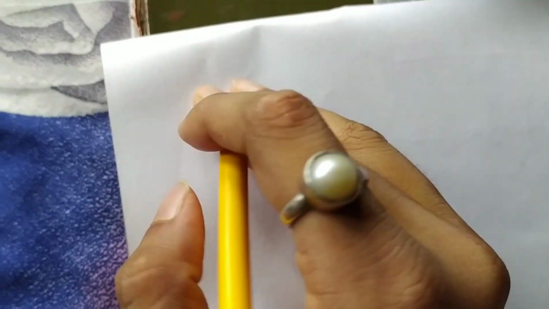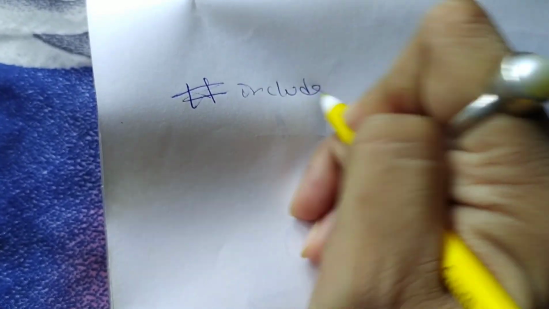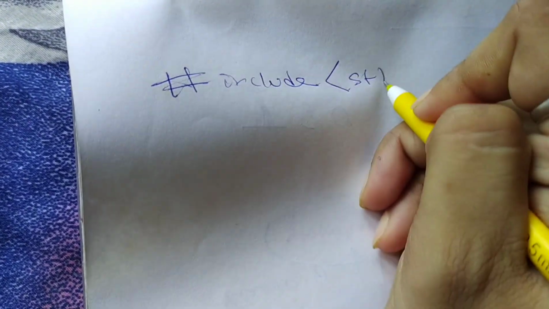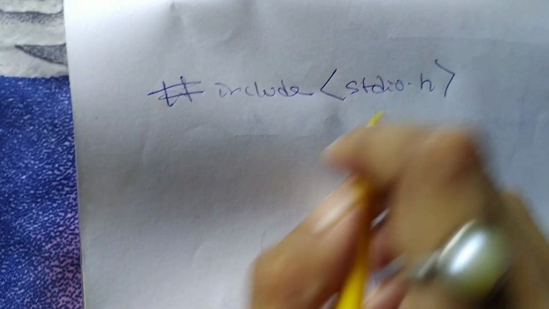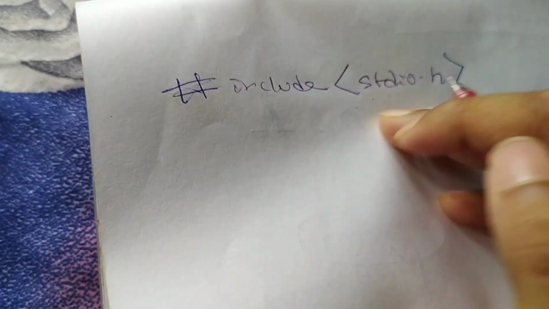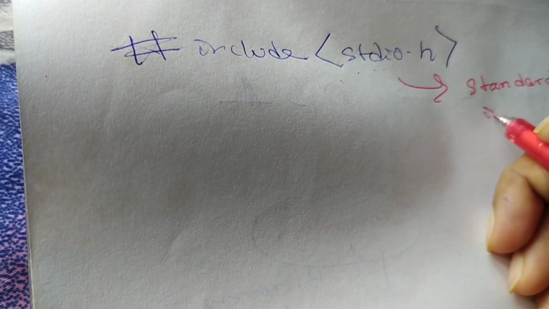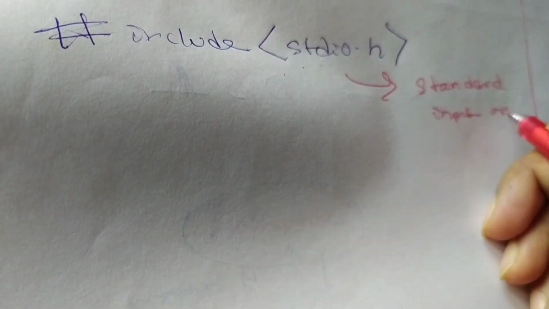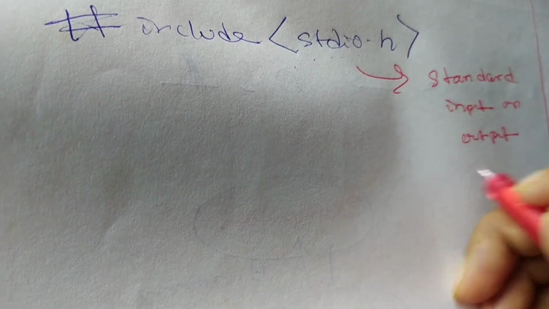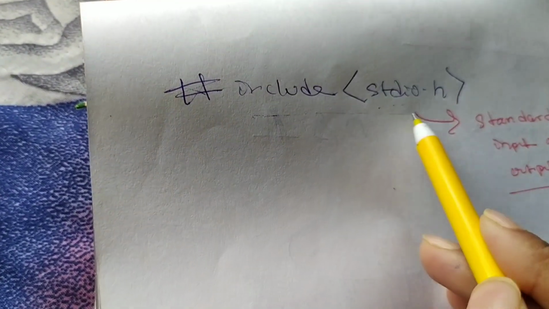Now to write this program, first we need to write include stdio.h. Now what is stdio.h? stdio.h means standard input output.